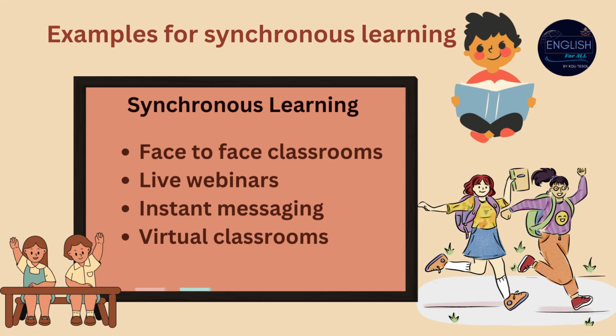The difference between the face-to-face and virtual classroom is that virtual classrooms are conducted online and face-to-face classrooms are conducted physically. Other than that, both the learning happens in real time, so the learners can engage and interact with their peers and teacher and work together with them.